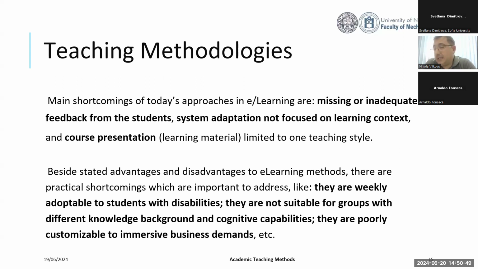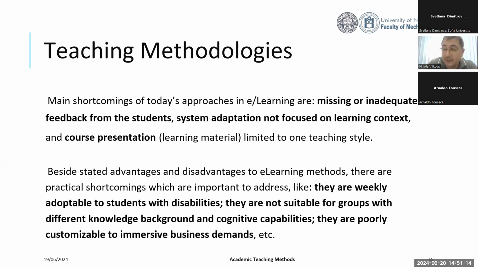Now, some main shortcomings of today's learning. When we speak of shortcomings, we need to be very careful, because sometimes they are there, sometimes not. Sometimes people who learn or people who teach try to overcome them. For example, in adaptive learning, feedback is introduced.